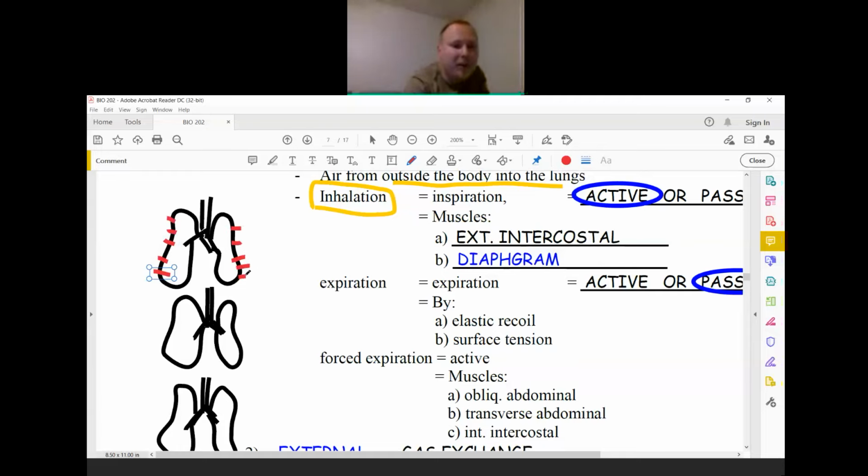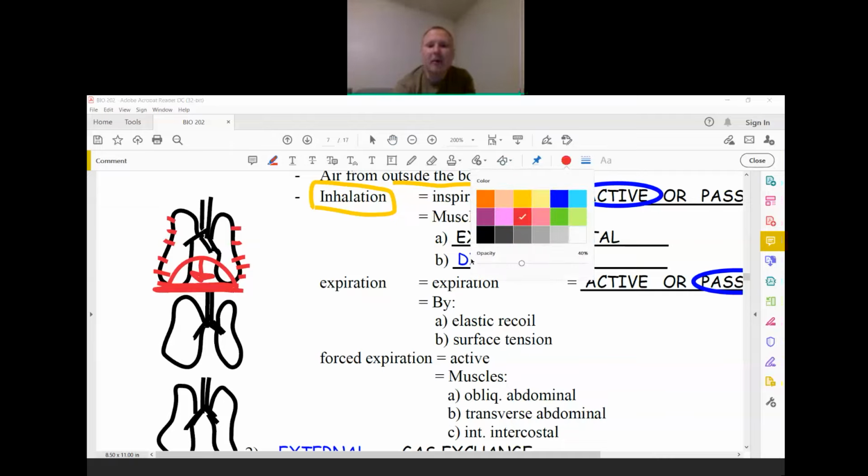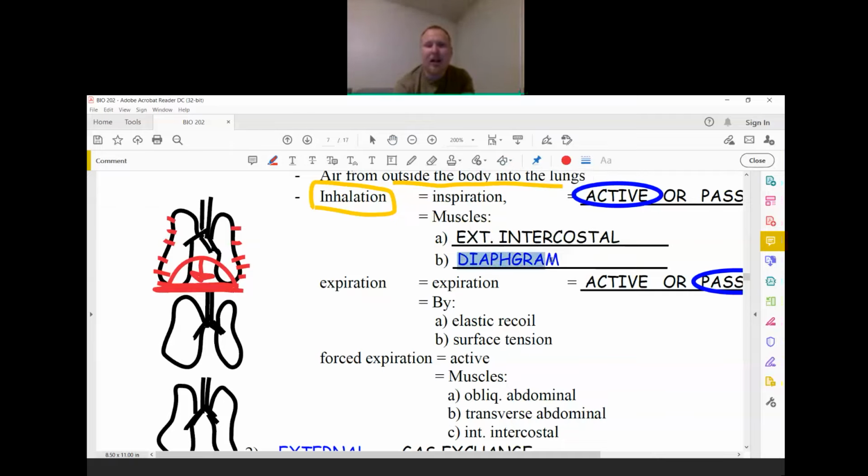But more importantly, the diaphragm, which is normally a dome-shaped muscle, flattens out. So it goes down. The reason why I want you to focus on the diaphragm is that it is the main respiratory muscle, the biggest muscle in terms of its contribution and function to breathing.